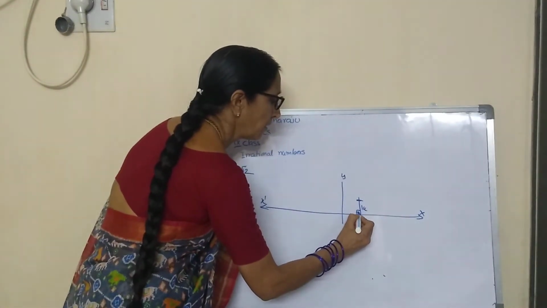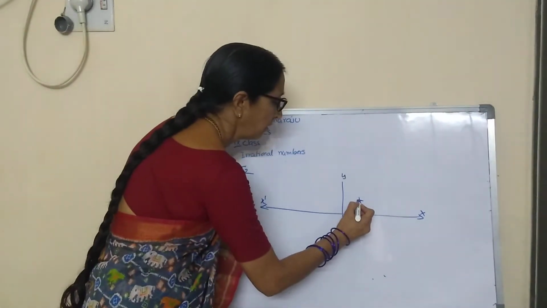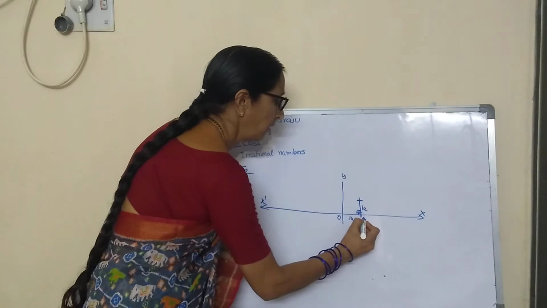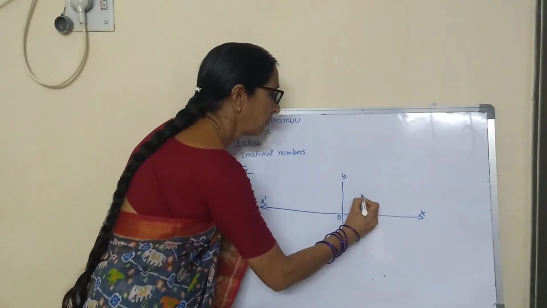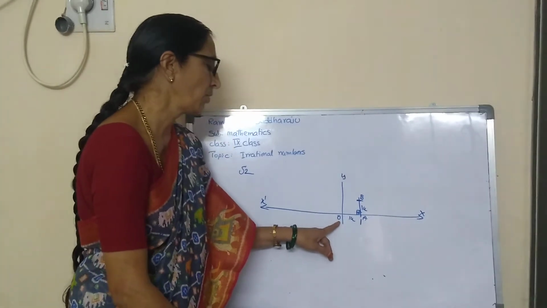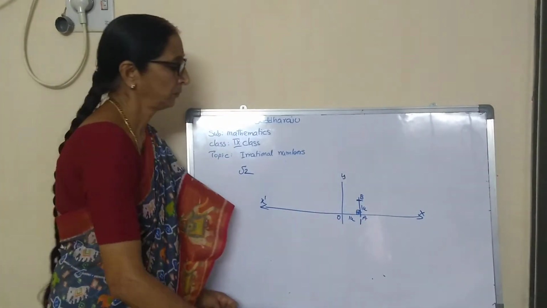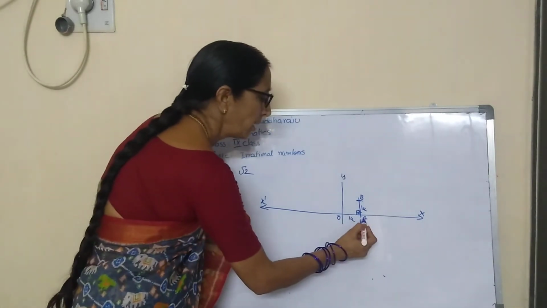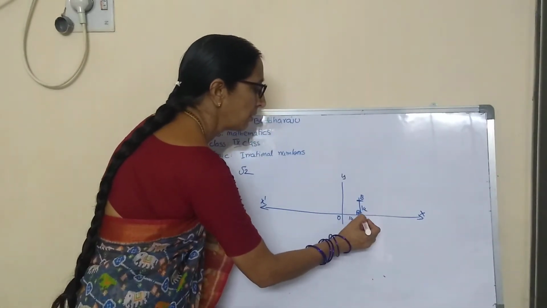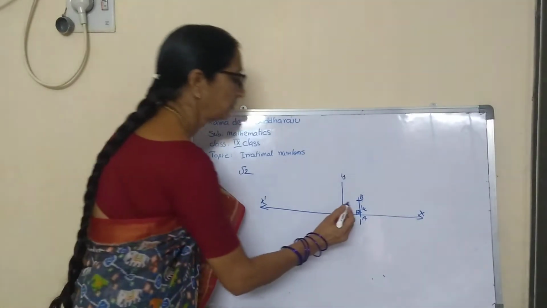This is 90 degrees. Now identify the points. This is origin O, this is A and B. OA is equal to 1 unit, AB is also equal to 1 unit.